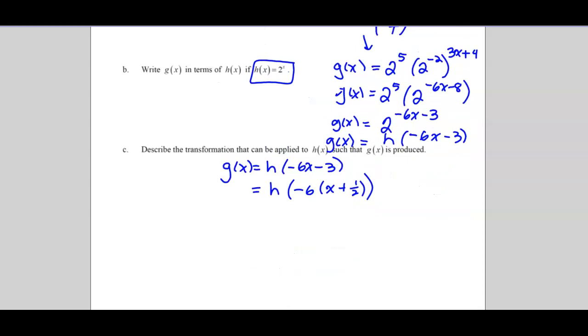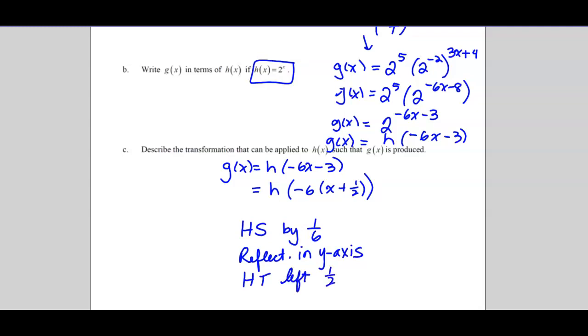So what does that mean? That means a horizontal, I'm just going to abbreviate, horizontal stretch by 1/6, reflection in y-axis, because I'm changing the sign of x, and horizontal translation left half a unit.